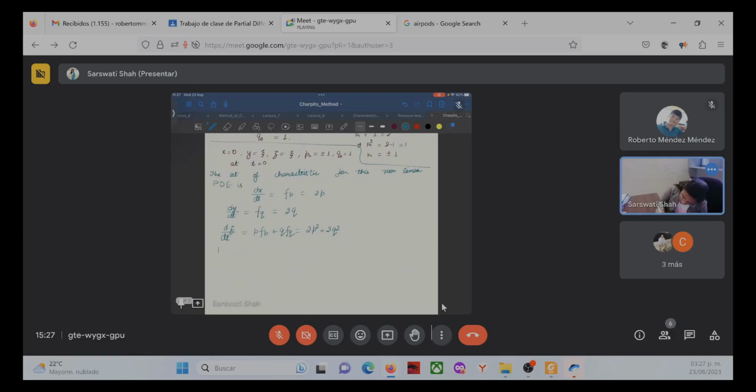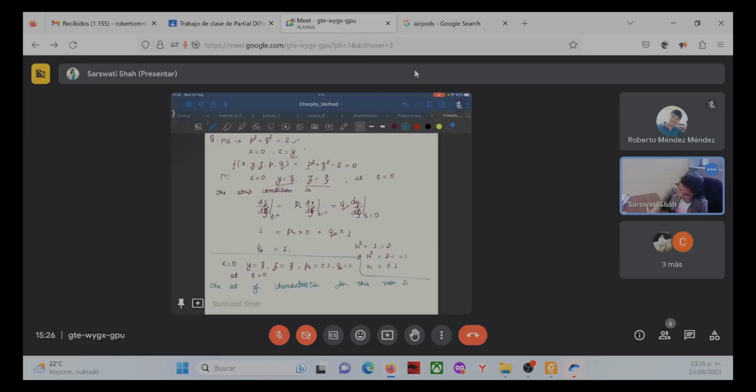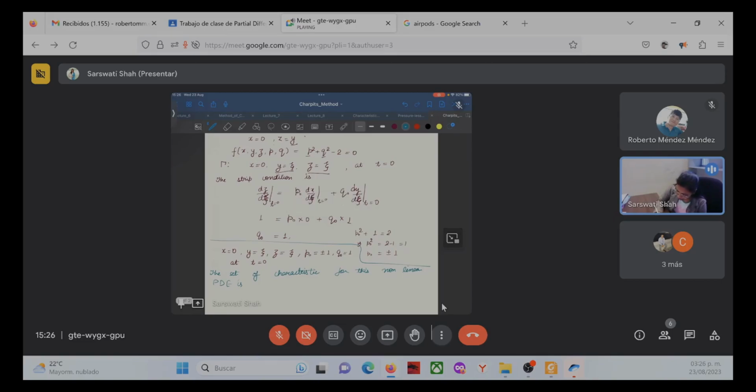What was the set of characteristics? dx over dt is equal to F of p.